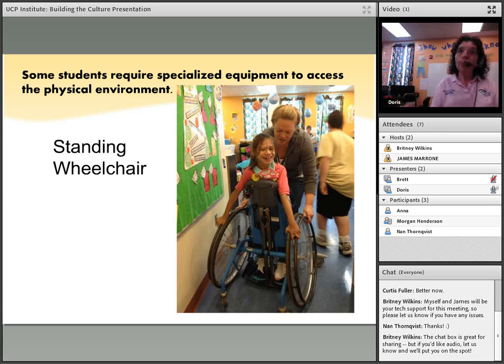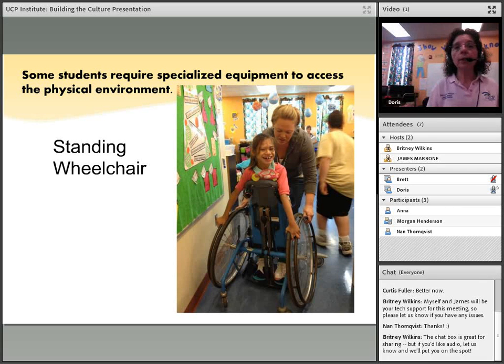Some of them do, but it's painstaking. And so during the day, you want to give them an opportunity to be in a standing wheelchair, or be in a stander, or be in a gait trainer, or be in a walker, just because it gives them a different place, a different position for their body.